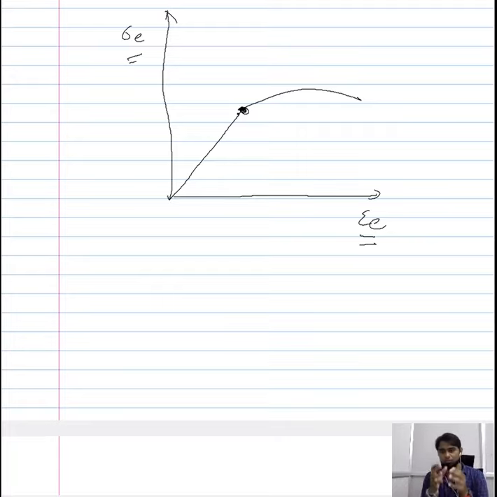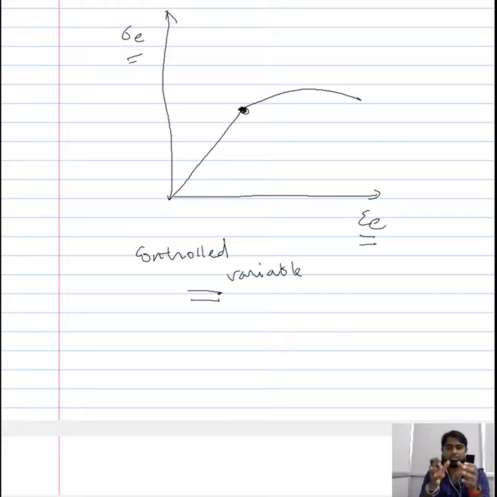So whenever you want to talk about a testing machine, particularly a tensile testing machine, we consider a controlled variable which we change, and we study the response of the material with respect to this control variable.